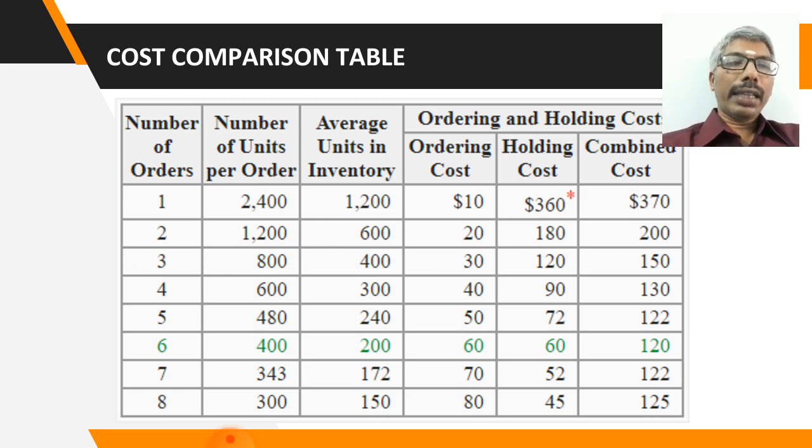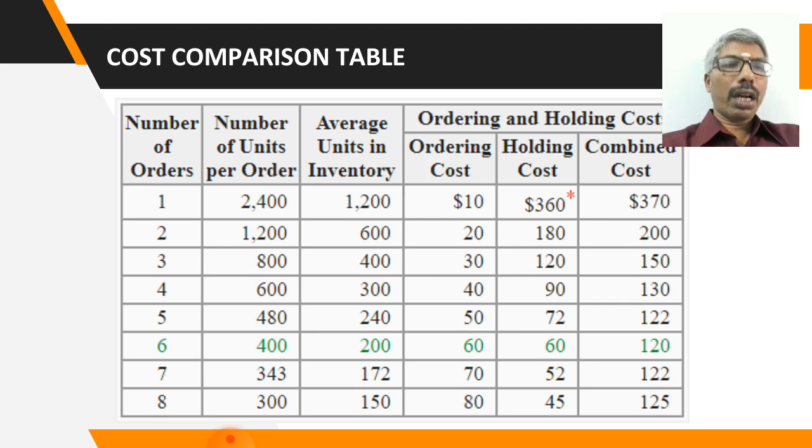For that, we should spend 360 rupees as holding cost, that is 1200 into 0.3, and for ordering cost, we place only one order per year, therefore rupees 10. Therefore, the total cost of ordering and carrying is 370.